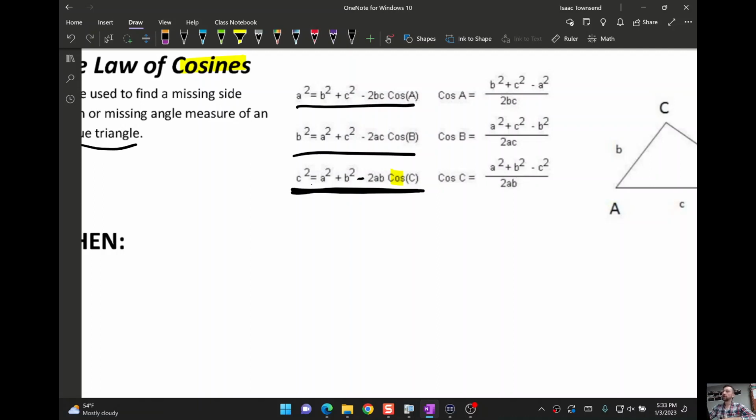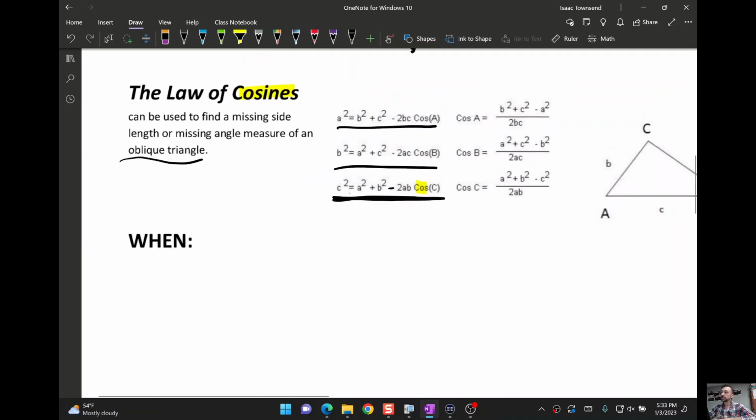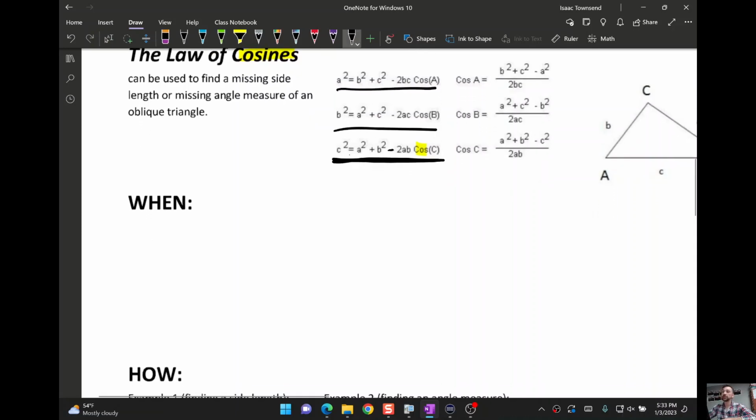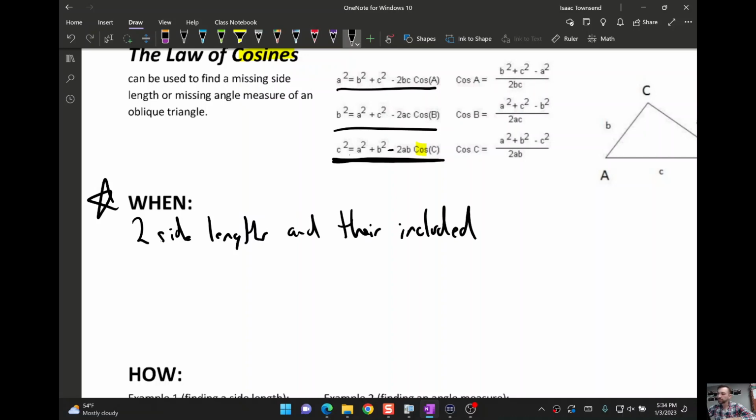So notice, if I was trying to use one of these formulas over here, so again, you don't have to memorize these, but you do have to know when to use them. We will ask you that. For these, if I'm trying to solve for a, b, or c, I need to know 2 other lengths, so 2 side lengths and their included angle.